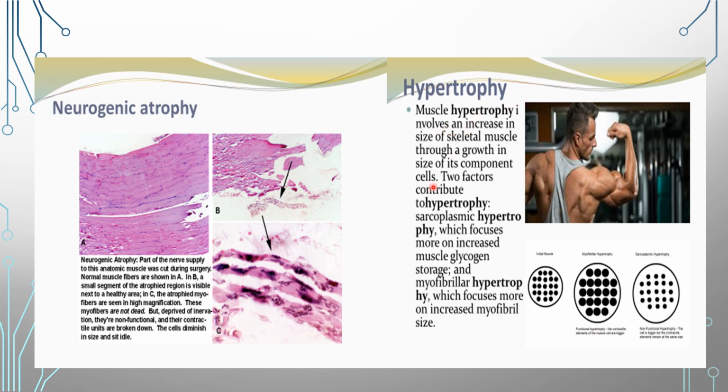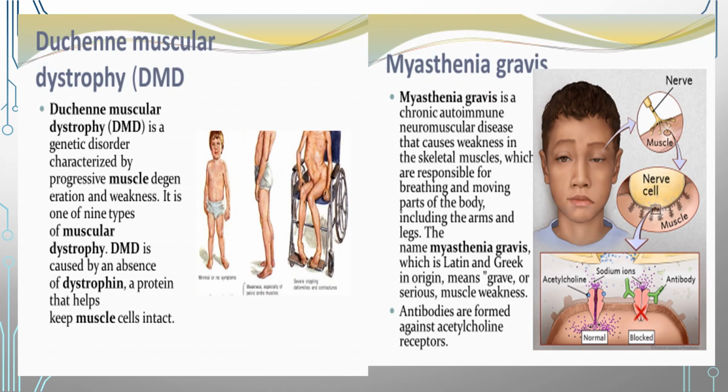The terms hypertrophy and hyperplasia are used for the muscle fibers. In hypertrophy, there is an increase in the thickness of the muscle fibers or the myofibrils, whereas in hyperplasia, there is an increase in the number of the muscle fibers.